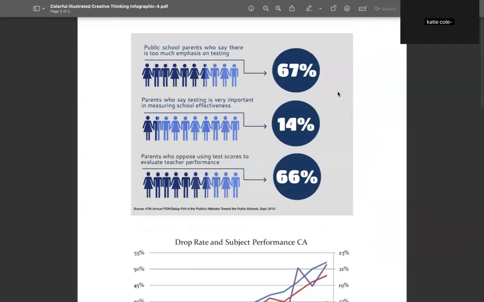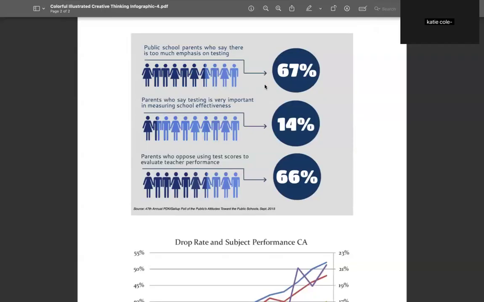So, I have here a poll that was done in 2015. It's a poll of the public's attitude towards public schools and standardized testing. So 67% of public school parents say that there is too much emphasis on testing. 14% say that testing is very important.